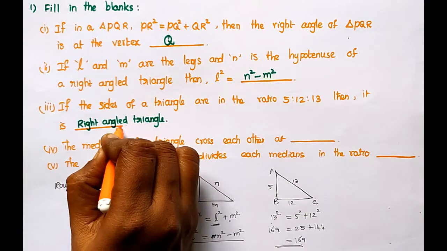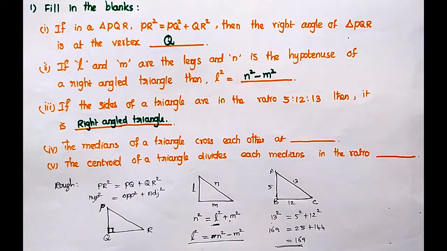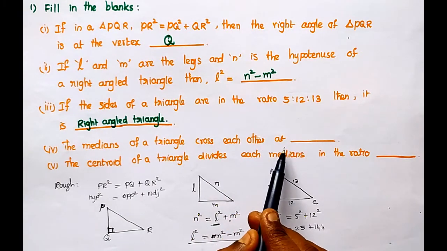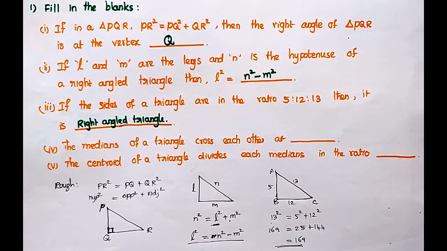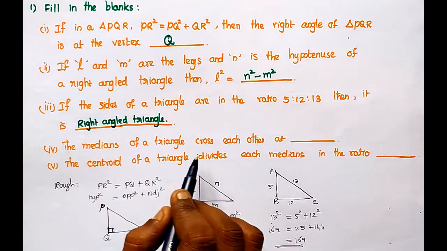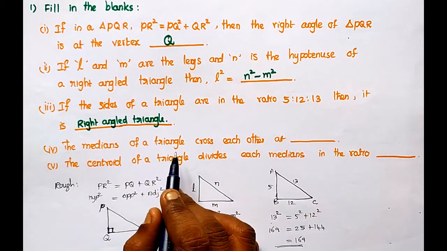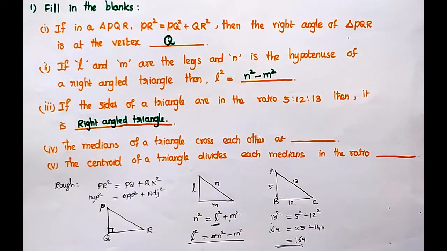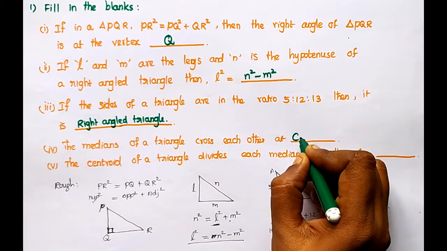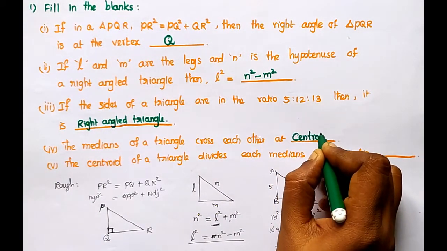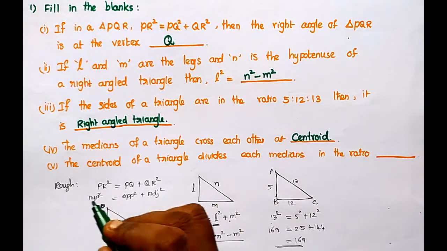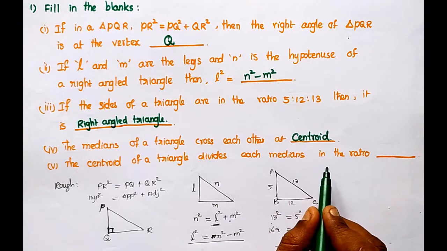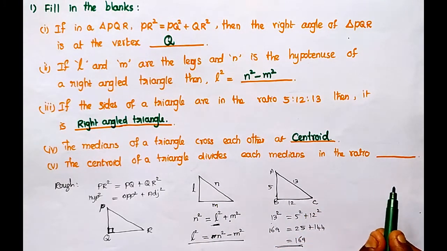That is the answer. Next one, the medians of a triangle cross each other at dash. We saw in the introduction, the medians of a triangle cross each other at the centroid. And then the centroid of a triangle divides each median in the ratio dash.